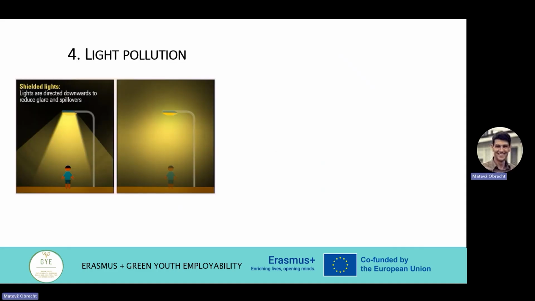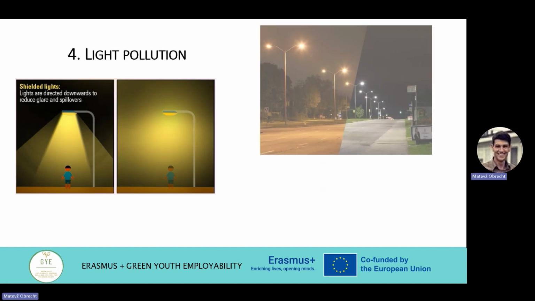For example, light pollution. Once again, we can see on the right-hand side we have the bulb and the lighting from the old times. On the left-hand side, we have newer bulbs and newer lighting that are focused only on the sidewalk, for example, or on the road. We can see the difference also here.